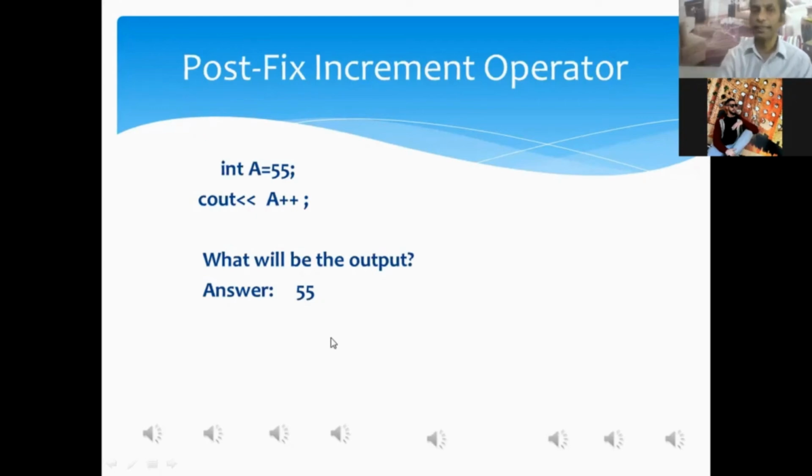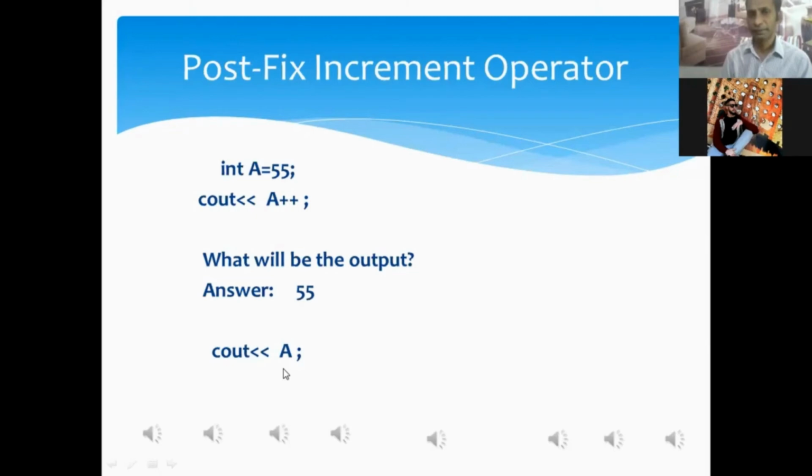56. Okay, Mr. Ibrahim Bilal, if I ask you, a cout statement is there, and then we have written over there A. It will display the value that is currently in the memory. Now you tell me, what is the value of A currently?